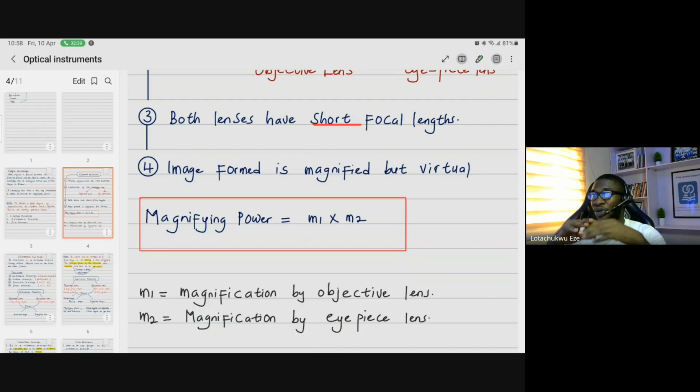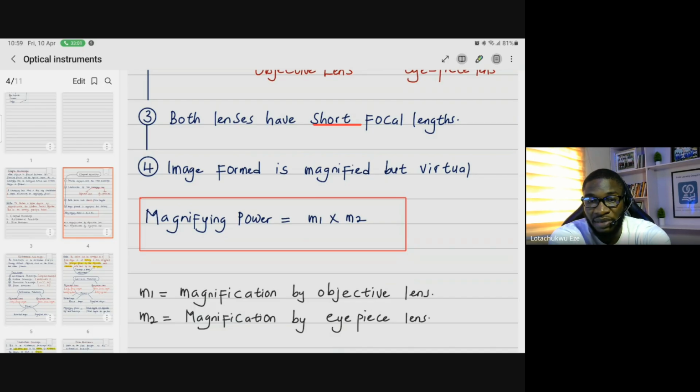All right. So now, how do we get the magnifying power? To get the magnifying power, we multiply the magnification coming from the objective lens with the one coming from the eyepiece lens.